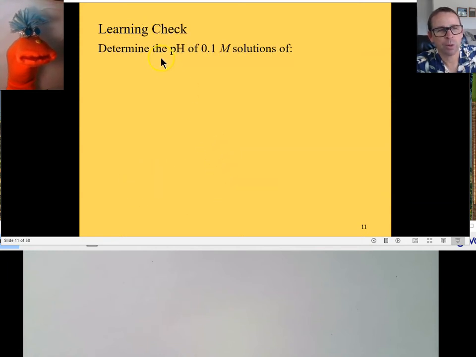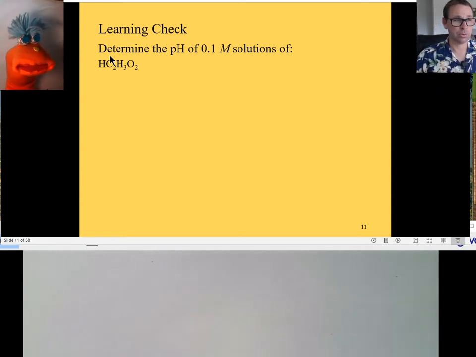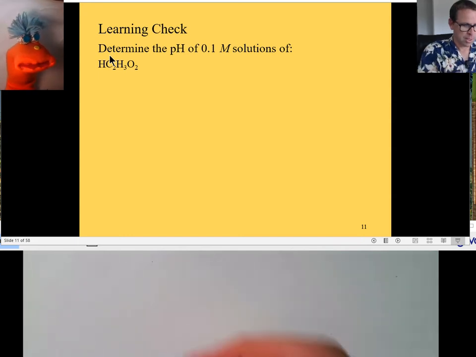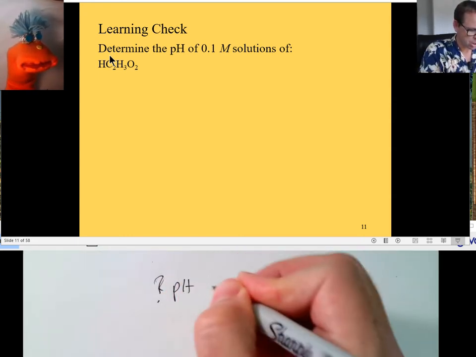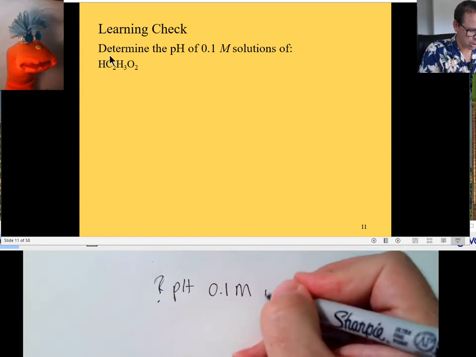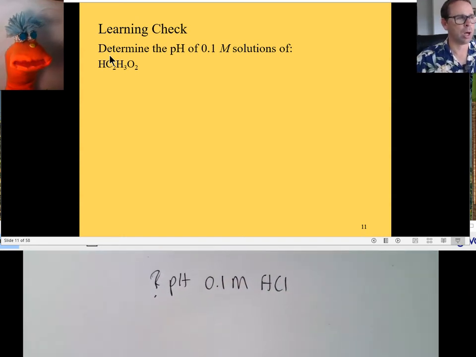So, we're going to determine the pH of a 0.1 molar solution of acetic acid. Okay? Let's go back a bit and remind ourselves, what's the pH of a 0.1 molar solution of HCl? How do we know? Well, remember, HCl is a strong acid.